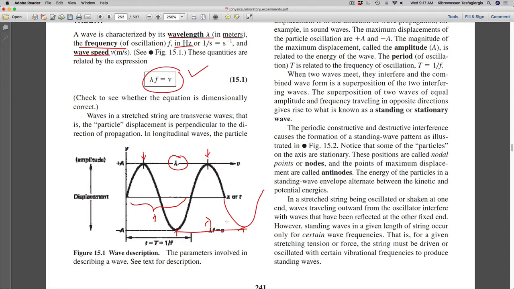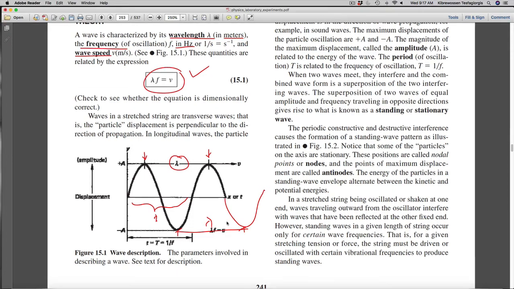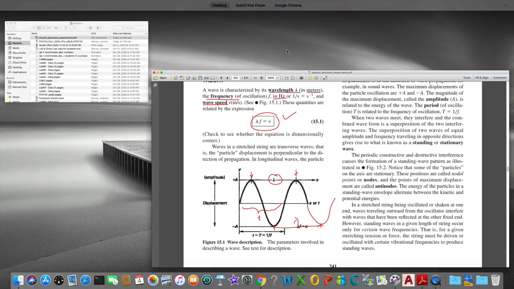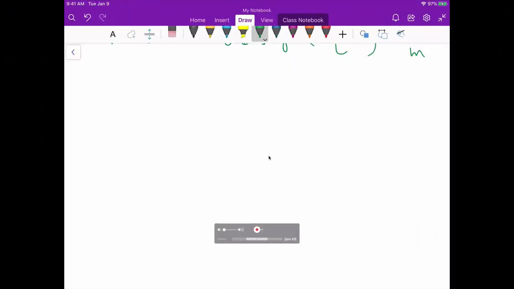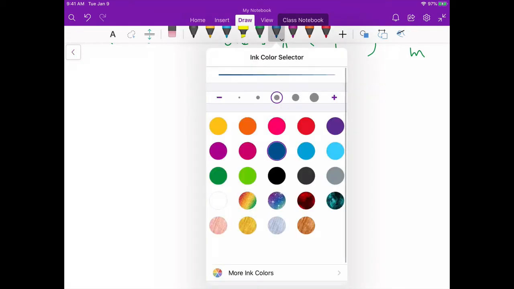So in today's experiment, what are we going to do? The first thing is to combine the two equations for speed.